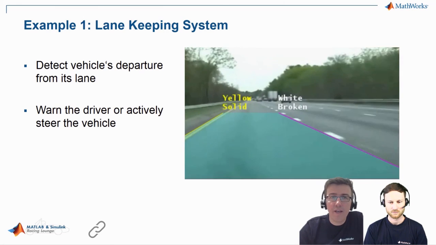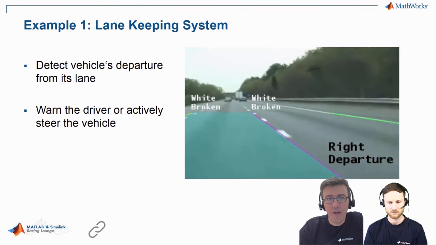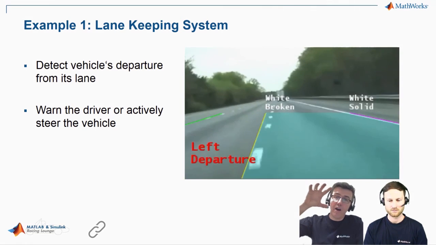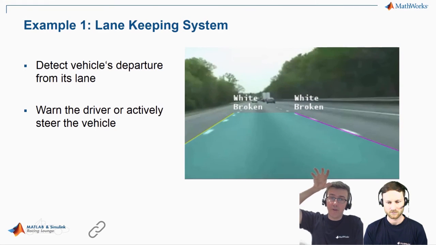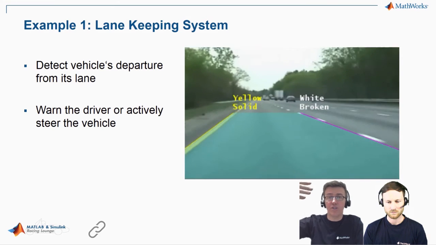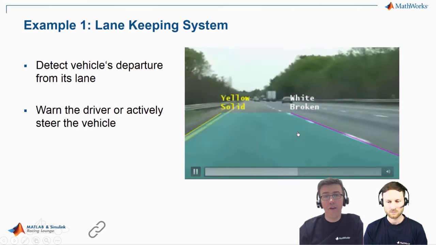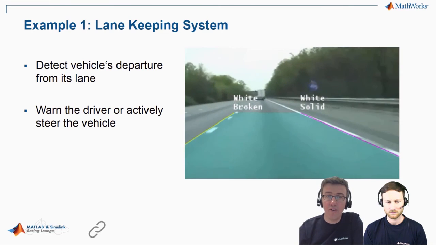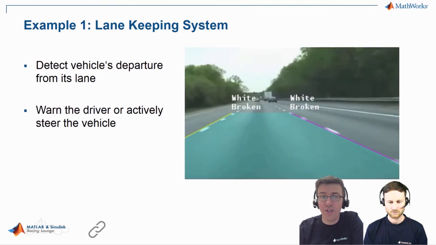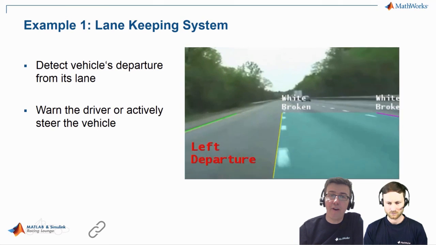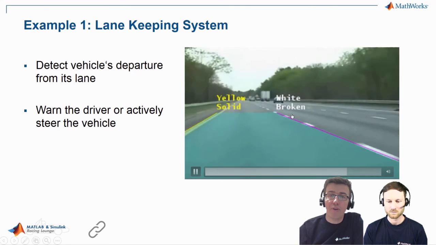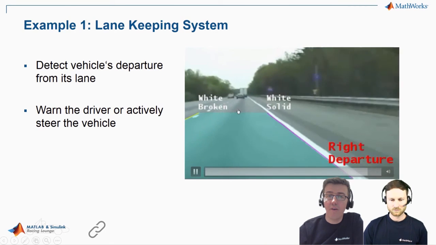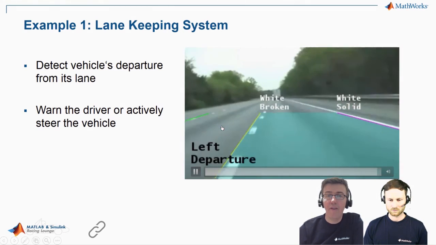Here we can see the first example we will see today, a lane-keeping system, like we have seen before in the video. We have a car with a camera mounted on it, and we receive images from this camera. The first step in this kind of algorithm is normally edge detection, to identify the objects on the road and the lanes.